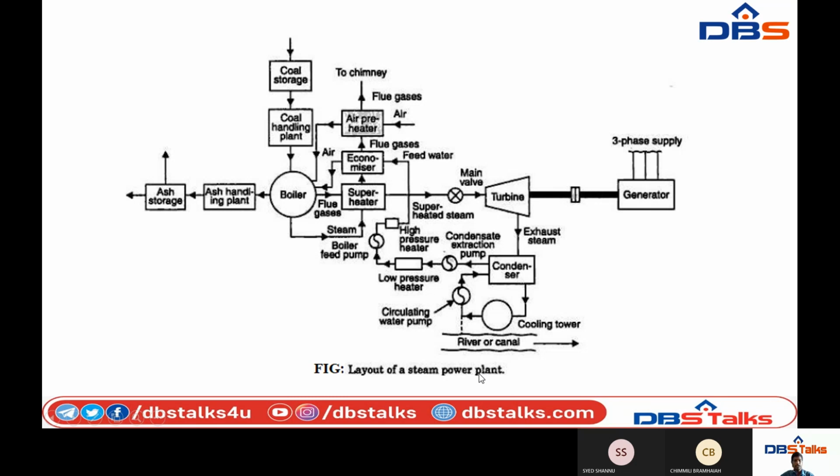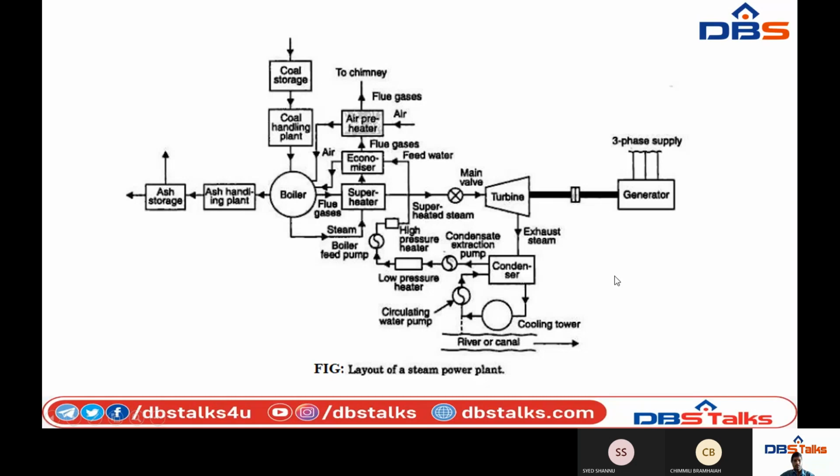Here we have four main circuits. First one is the coal and ash circuit. Second one is the air and gas circuit. Third one is the feed water and steam flow circuit. Fourth one is the cooling water circuit. The source is taken from the river or canal.